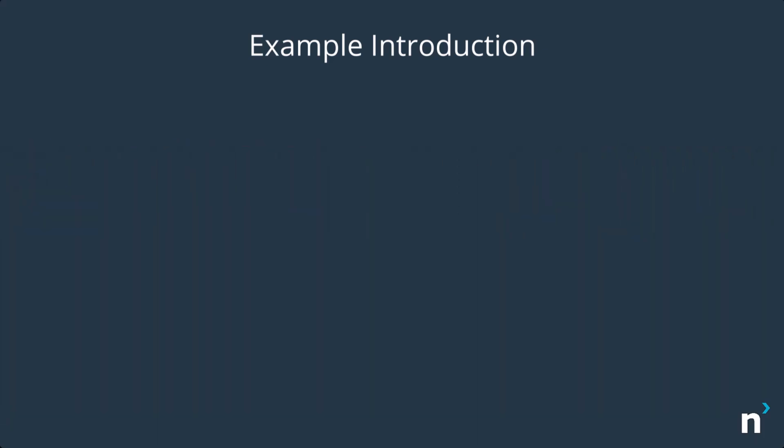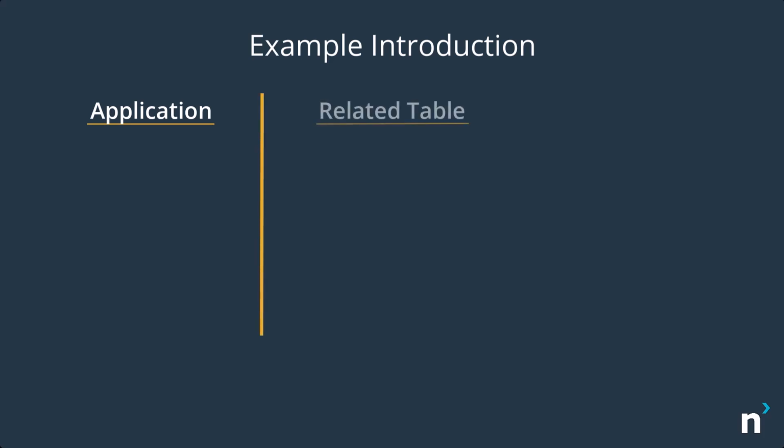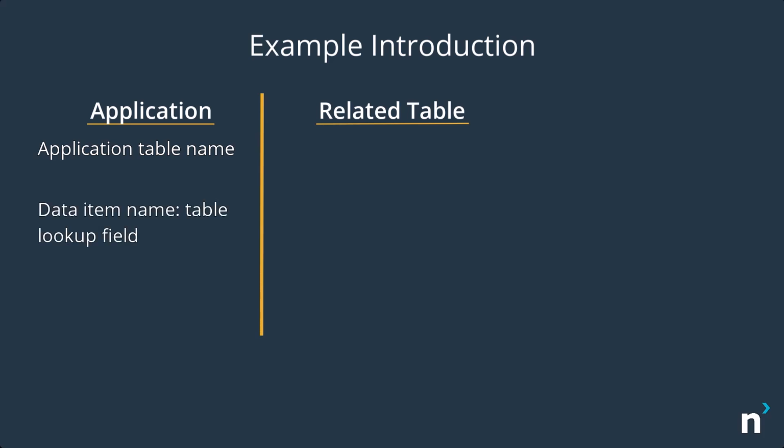We need a few key details before we start to build our logic block. To find this information, we look in the application the logic block will be connected to and the table lookup field's related table. From the recruitment management application, we need the name of the table the application is built on, the data item names for the table lookup field, and the field that the logic block will populate with the email address.